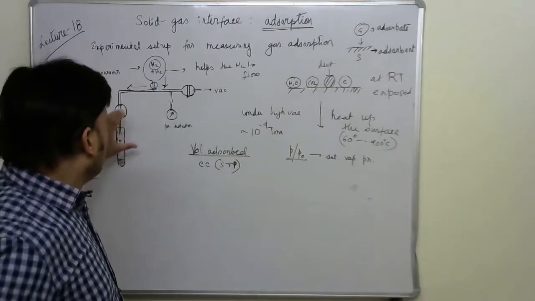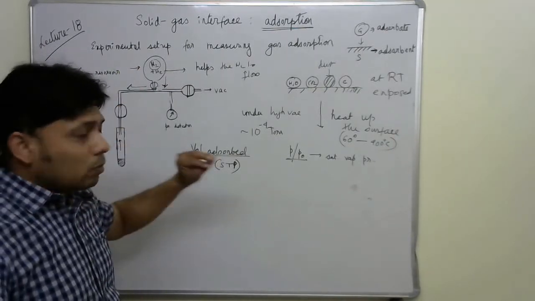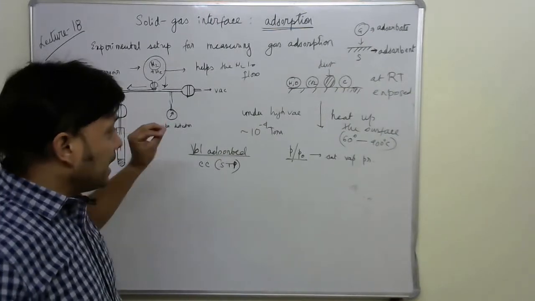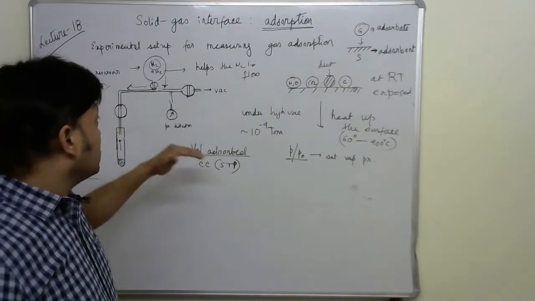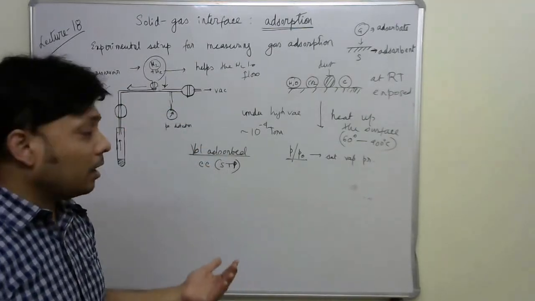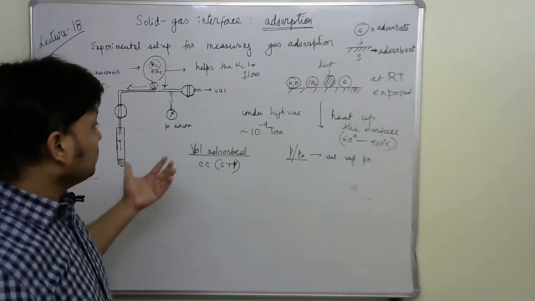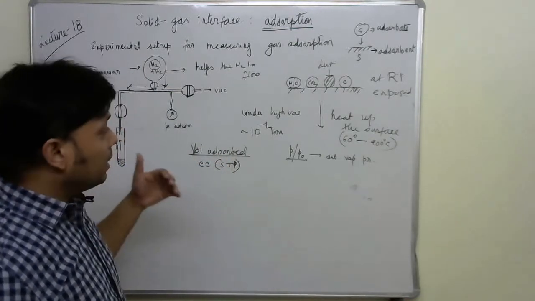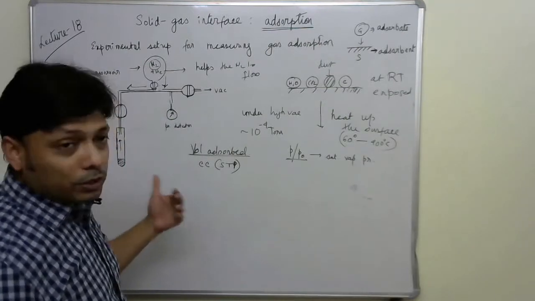That means the pressure of the nitrogen is almost equal to the saturated vapor pressure of the gas at that temperature, so the nitrogen is on the verge of being liquefied. The pressure at which this happens is called the saturation vapor pressure.